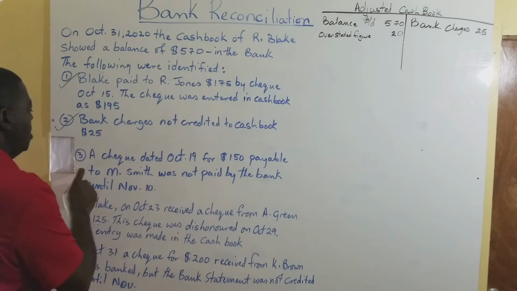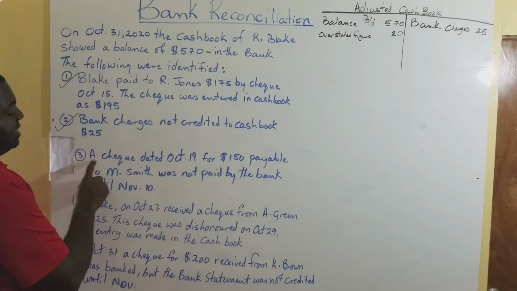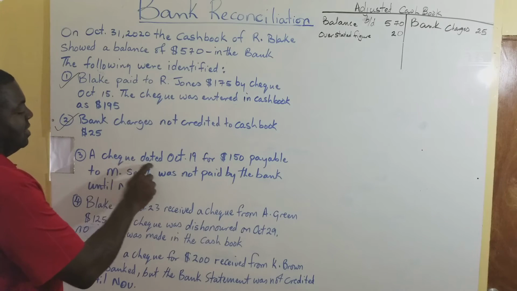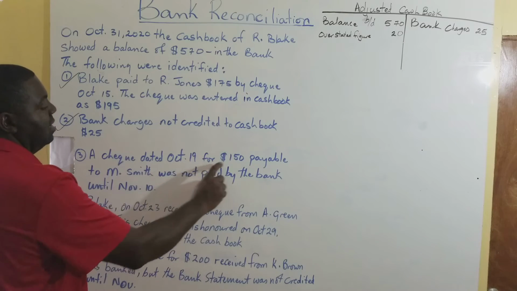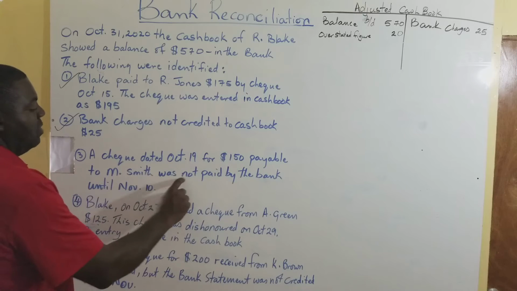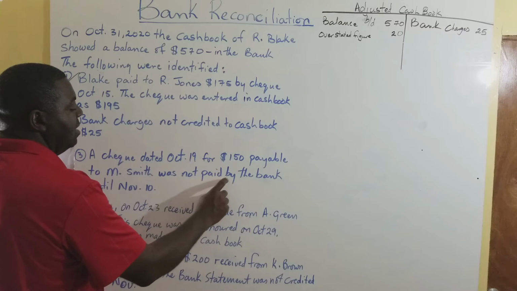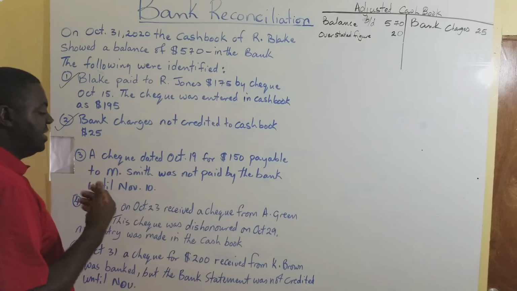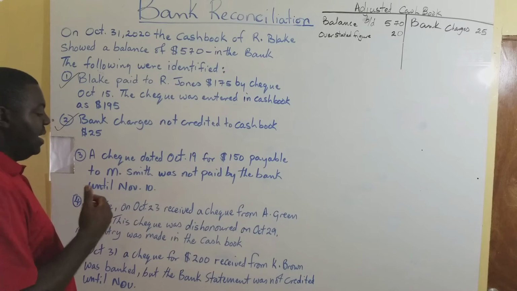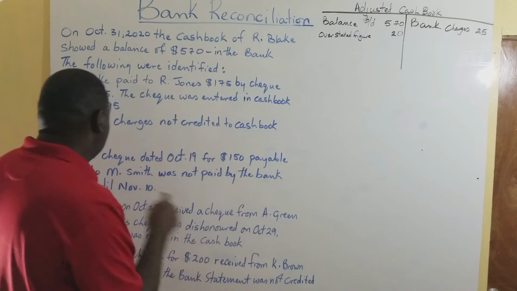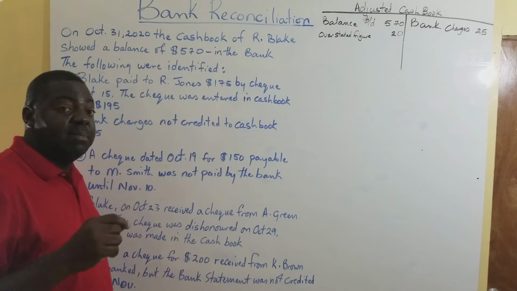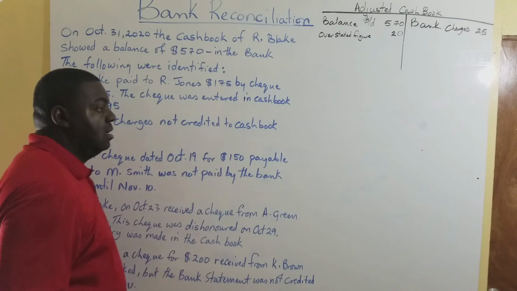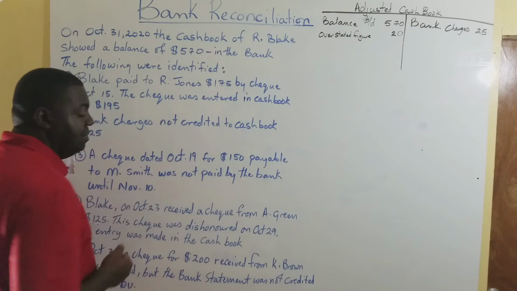This item was already recorded. It says that the check dated this date payable to Smith was not paid by the bank until November. That means it's an unpresented check, right? We paid the check to M. Smith, but M. Smith did not present that check until November.